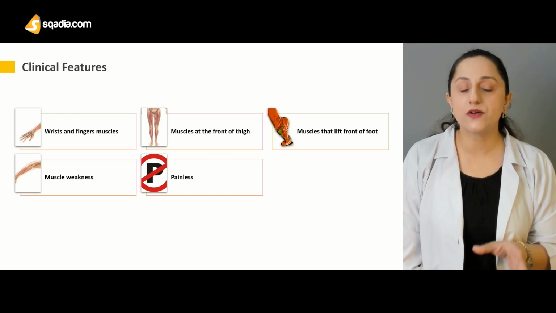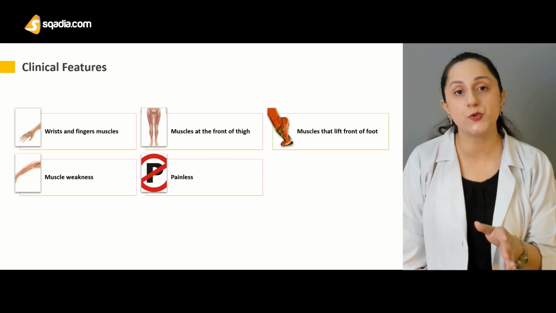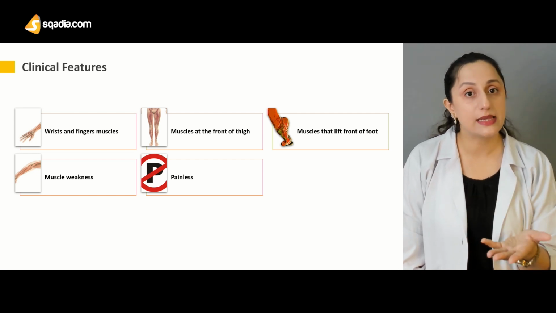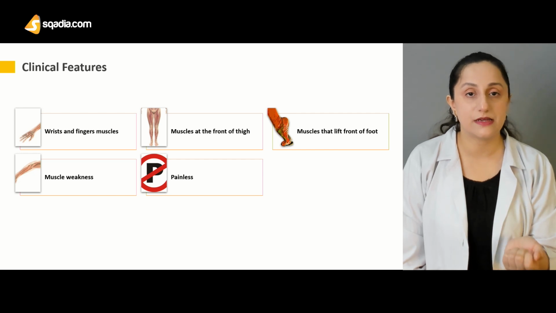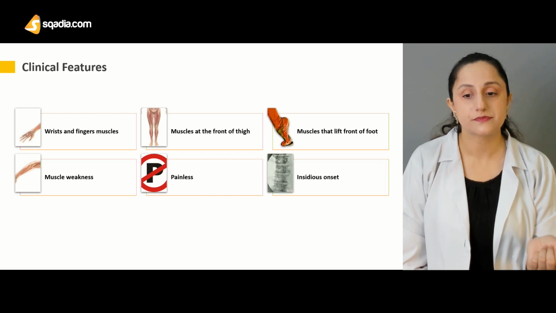So this can be one of the differentials at your hand. When you have a painless patient who is presenting to you with a generalized weakness or with a chronic fatigue, you might consider IBM as one of the differentials as well.